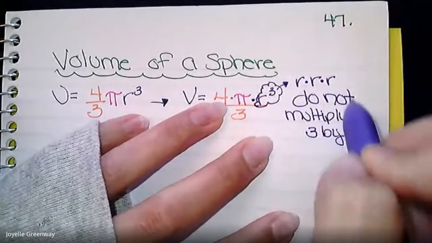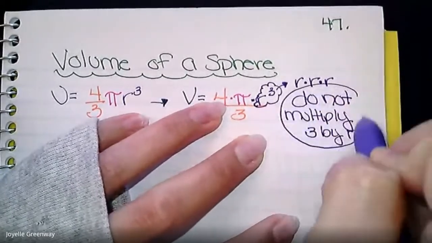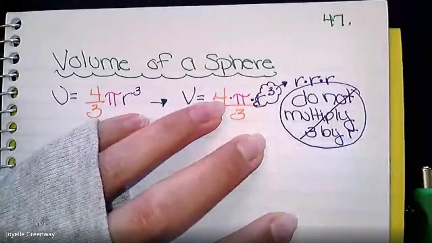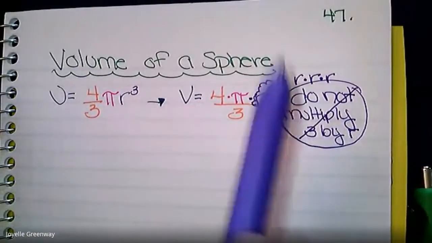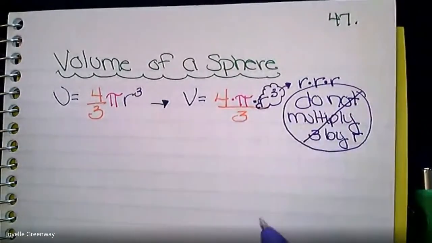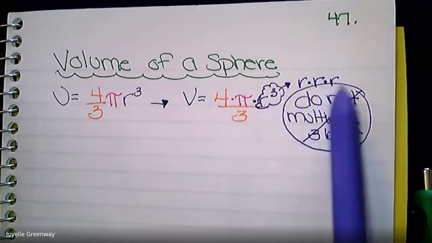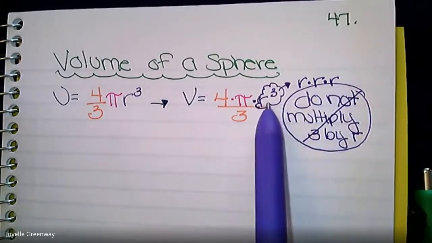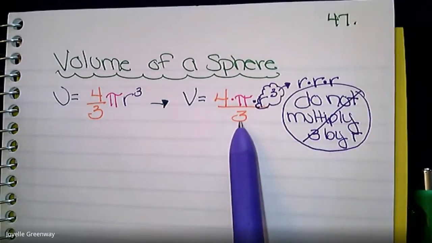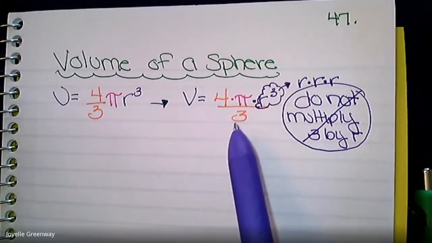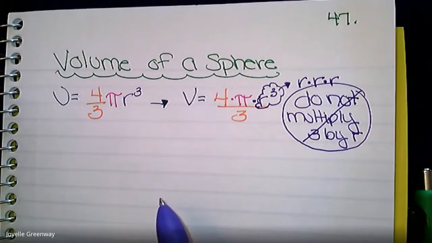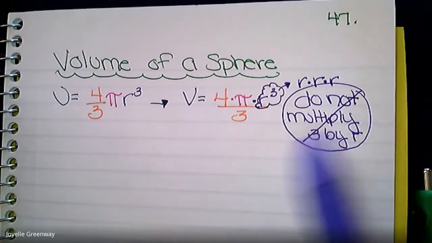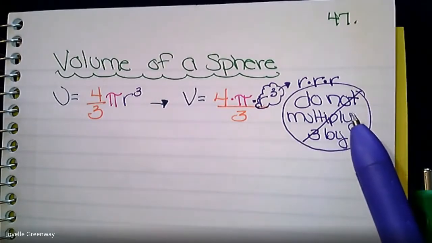That is not what it means. Don't do this. It's radius times radius times radius. That's where a lot of students make mistakes. A lot of students also make mistakes because they forget to divide by 3 at the end. Those are the two biggest mistakes that are commonly made here.